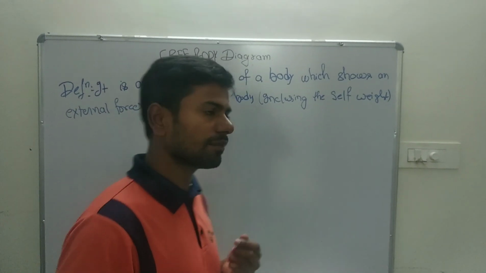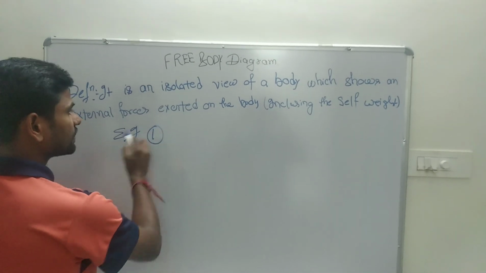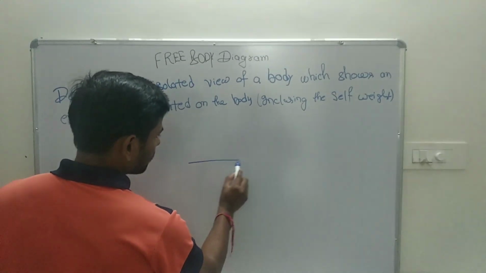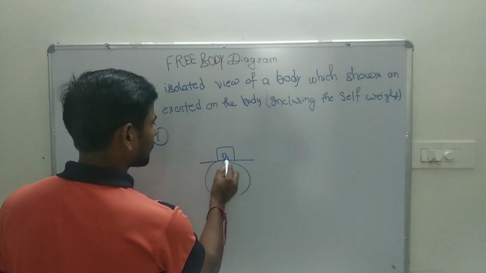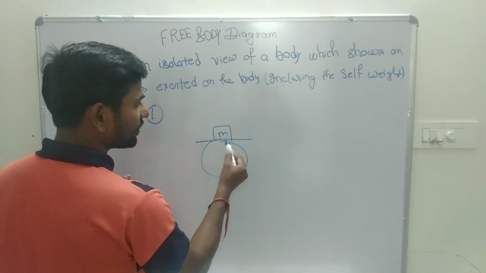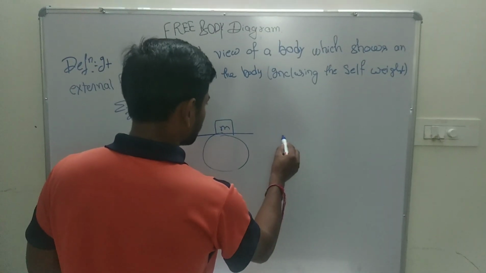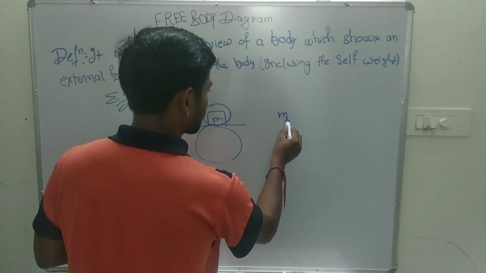We consider an example. Suppose this is our earth and any body on earth has mass m, and we need to find the external forces. Then our system is this mass m.